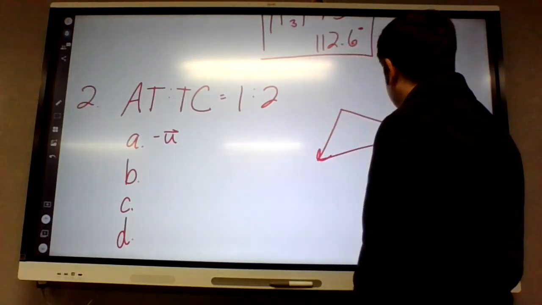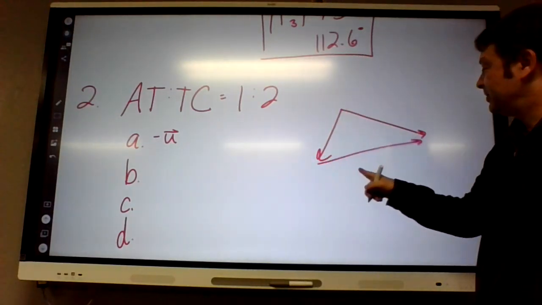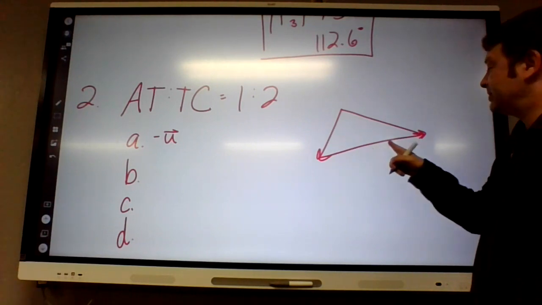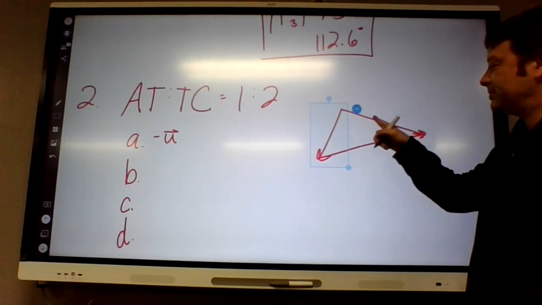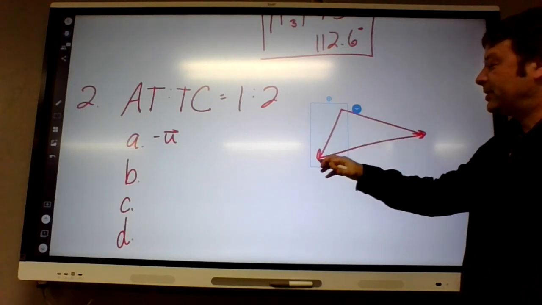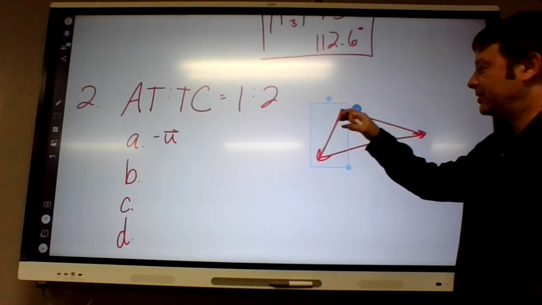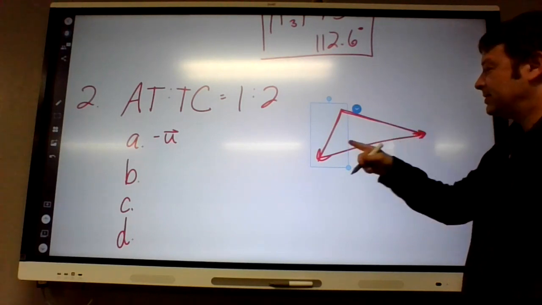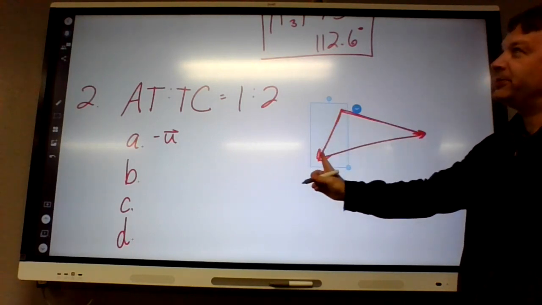Okay, so we're trying to get from here to here. So how can we use these two vectors to do it? Well, we need to go here and then here, right? So how do I do this? We just talked about it.